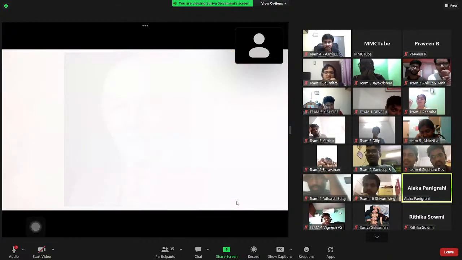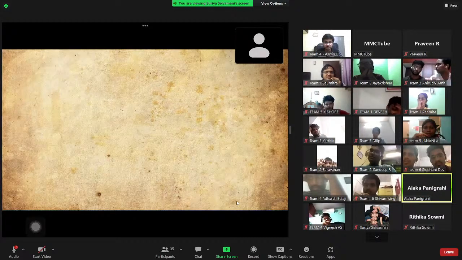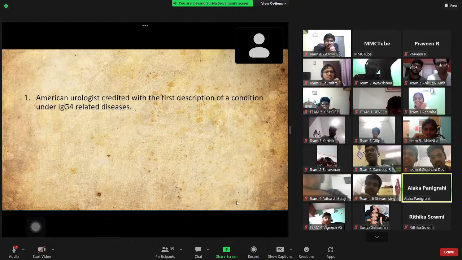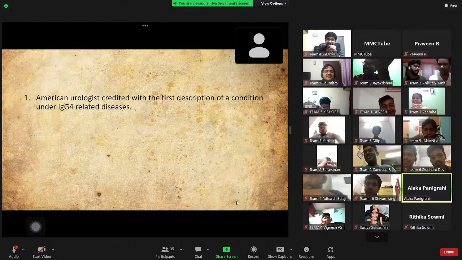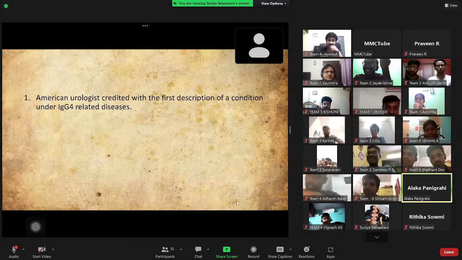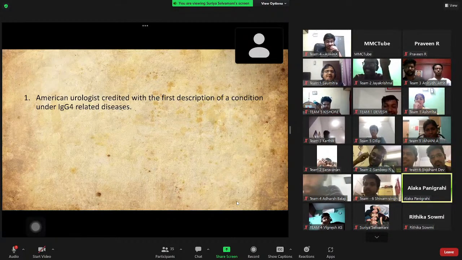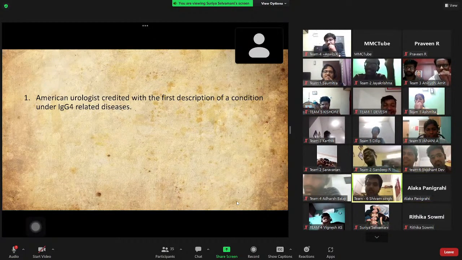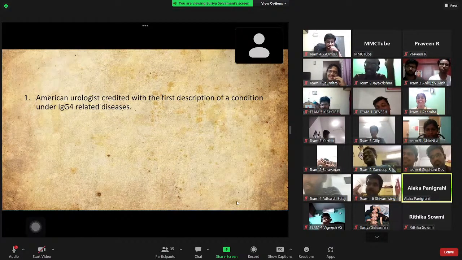So he is an American neurologist who is credited with the first description of a condition that comes under IgG4-related diseases.